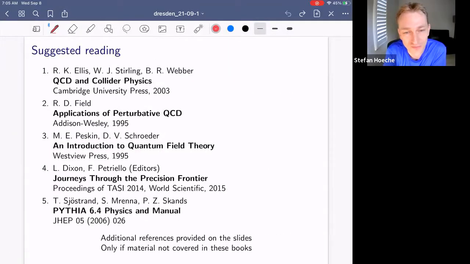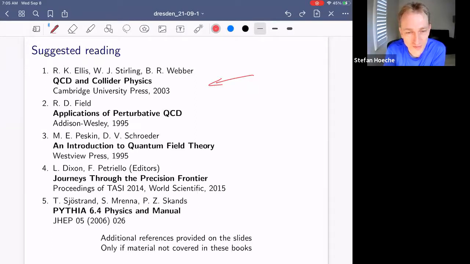I have a couple of books for the background reading here, and one of the nicest ones is certainly the classic review of Ellis, Stirling and Webber. If you are much into calculating things yourself, there is this nice book here by Rick Field, which has a lot of the calculations done very explicitly. And you can look up any factor of 2 or any 1 over epsilon as you prefer.